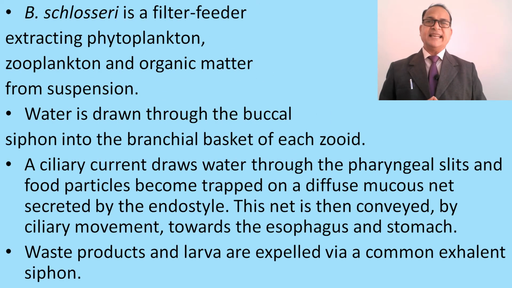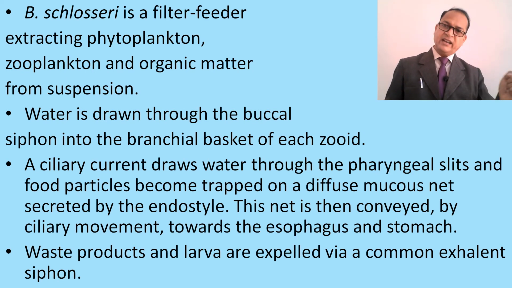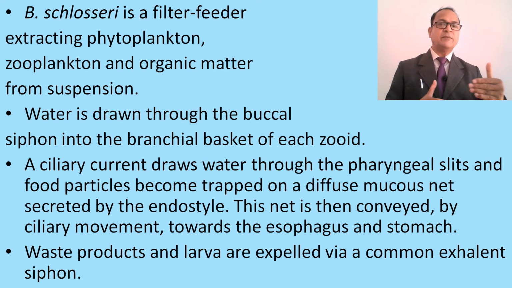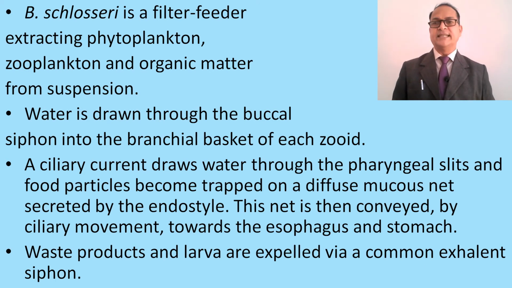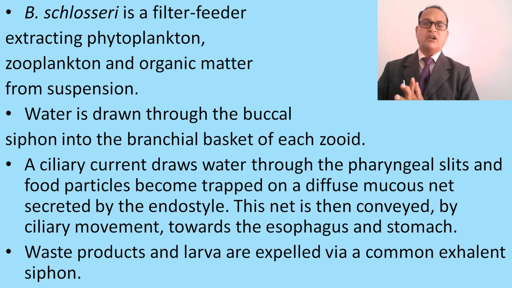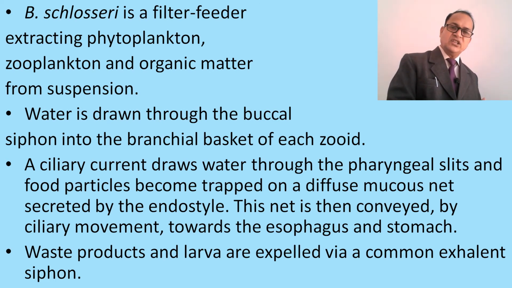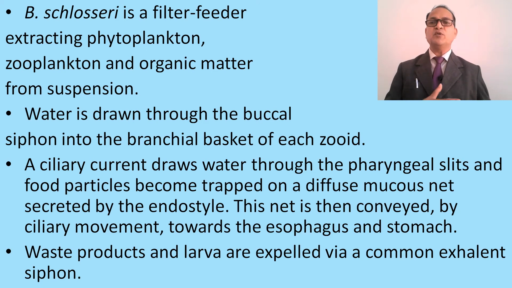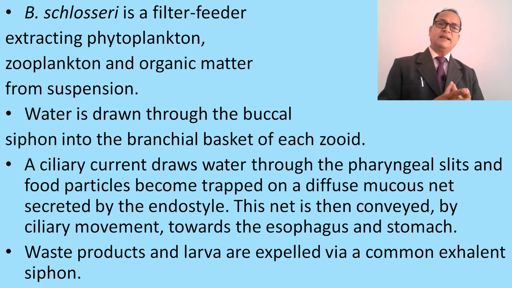Botrylus schlosseri is a filter feeder, extracting phytoplankton, zooplankton, and organic matter from suspension. The water is drawn through the buccal siphon into the branchial basket of each zooid. By ciliary current, water is drawn through the pharyngeal slits, and the food particles become trapped in a mucus net secreted by the endostyle.